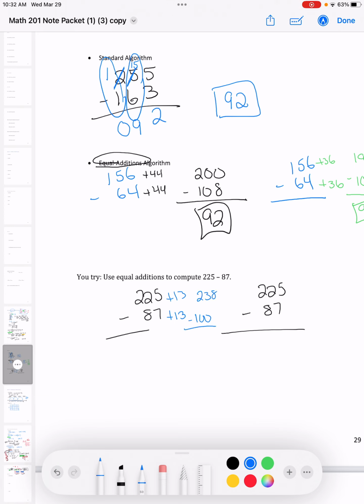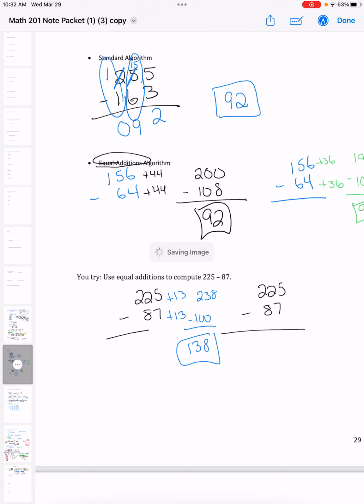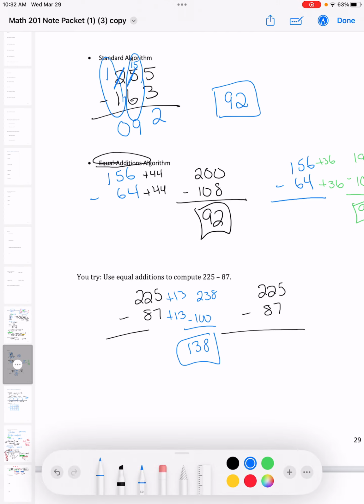So I took this problem, I added 13 to both of them, and then it was pretty easy to subtract. It's probably honestly the quickest, the easiest one to do out of all the ones I tried with this particular problem. If you can get that second number, the one on the bottom, to turn into something like 100, 200, something that's really easy to subtract, that would probably be easiest.